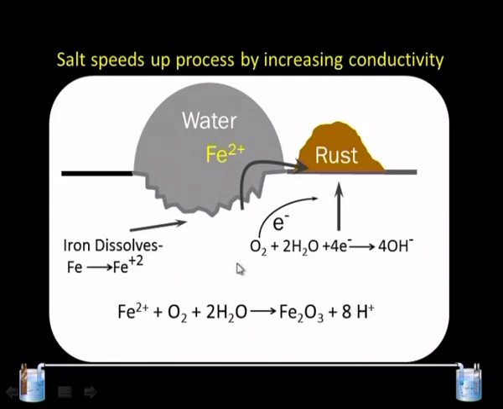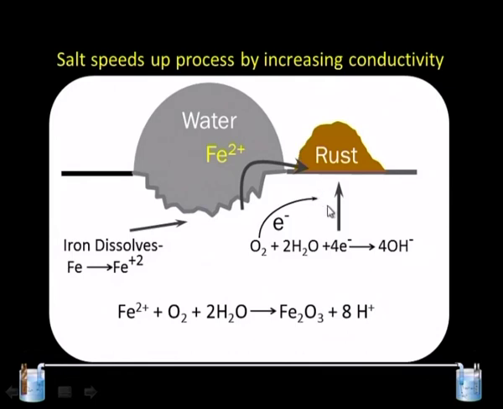Now oxygen which is available at the surface reacts with 2 molecules of water and 4 electrons giving 4 hydroxide ions. Now these electrons and Fe2+ start forming rust, which is Fe2O3, which can be seen at the surface of iron.